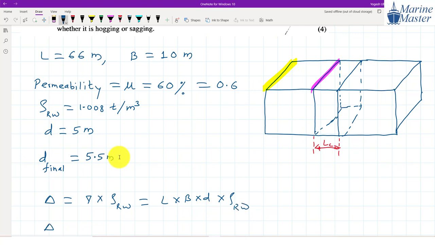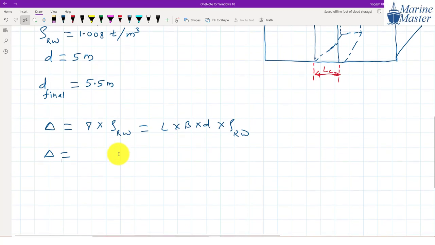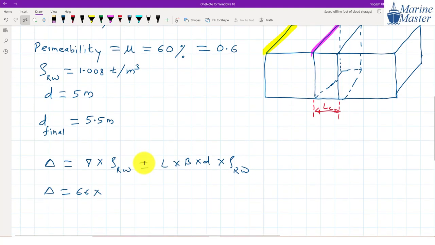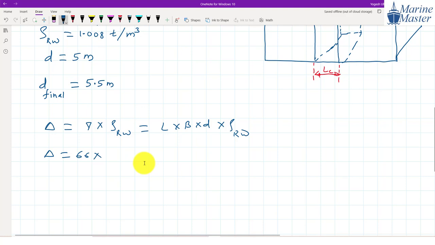So displacement will be equal to what? Length how much? 66 meter. Breadth how much do we have guys? 10 meter. And draft is how much? 5 meter. And the density of river water is what? 1.008. So please do the calculation and tell me the displacement of the vessel guys.